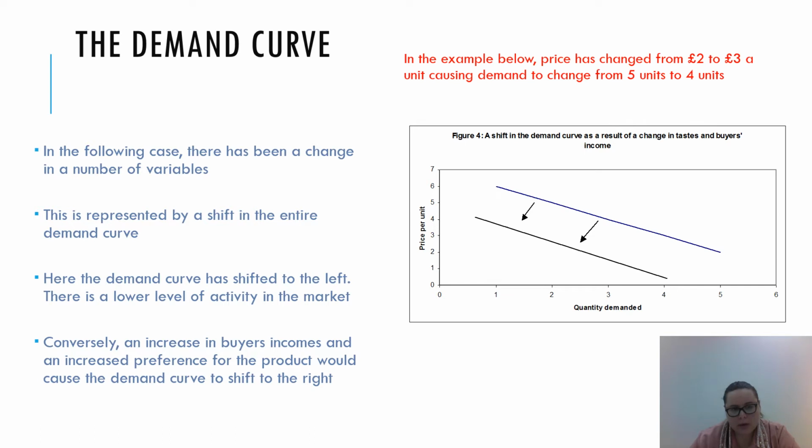That demonstrates that there is a lower level of activity on the market. An increase of the buyers' incomes and an increased preference for the product would actually cause the curve to shift from the left to the right, so it's going to shift back.